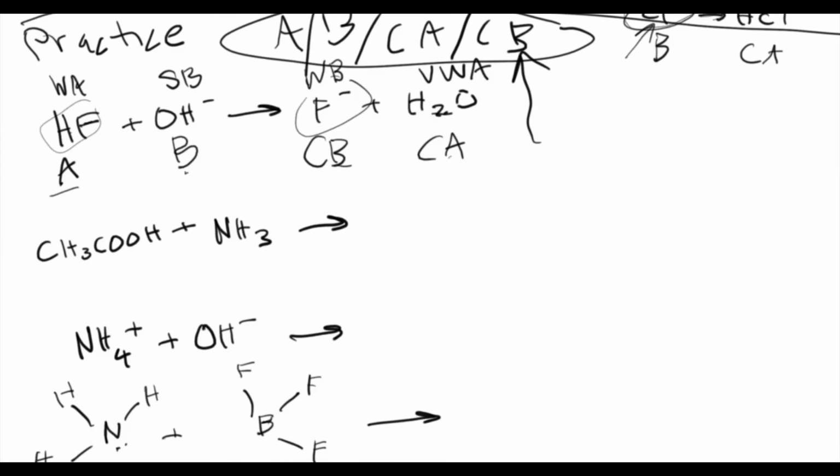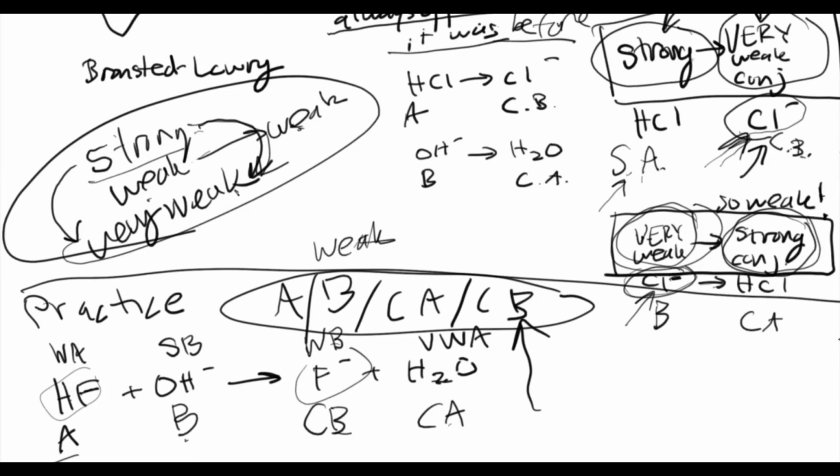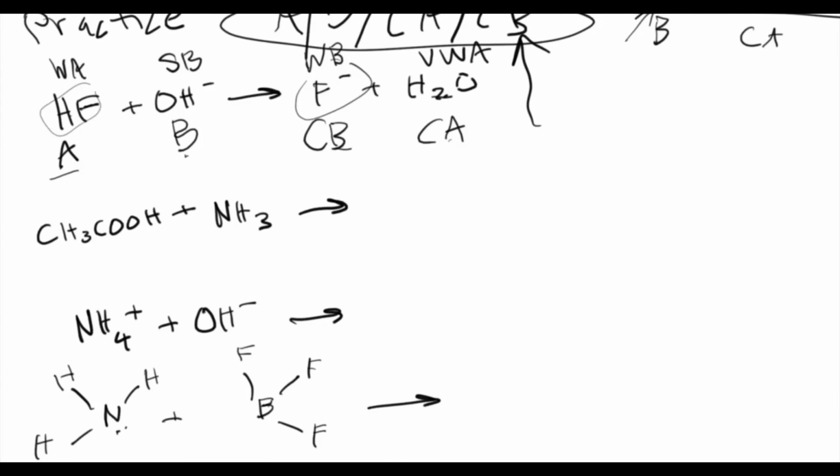It's a concept that we're going to be focusing on in this video at least, because that concept about strength is more complicated than it looks, and it will be discussed in a future video, hopefully. So in this one, we have acetic acid, our acid, and NH3 ammonia, our base.